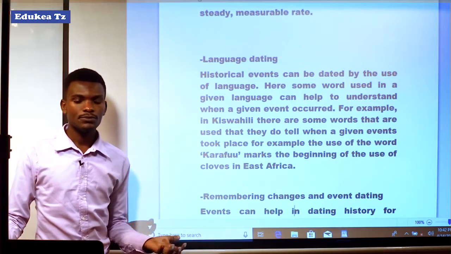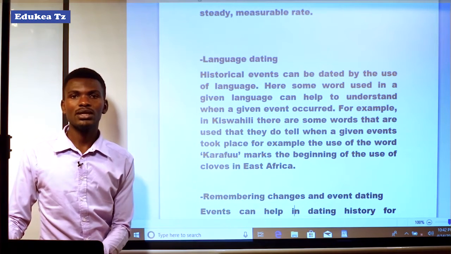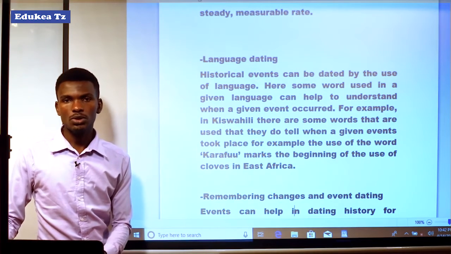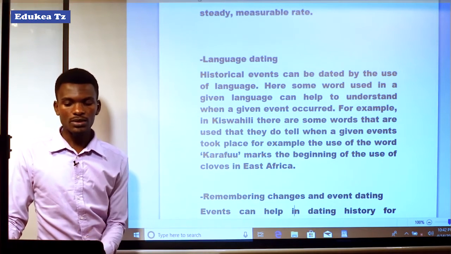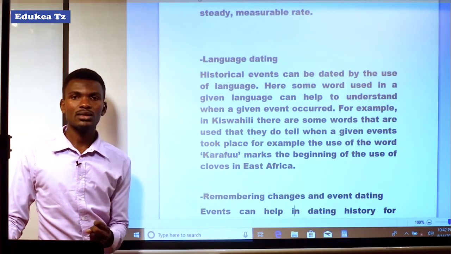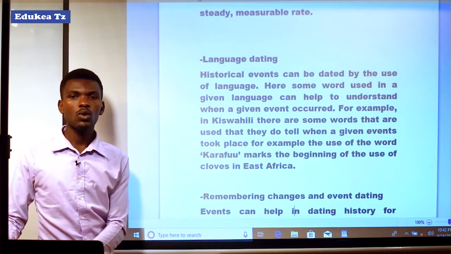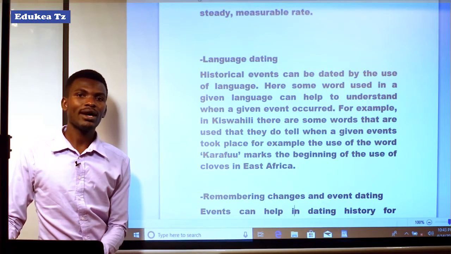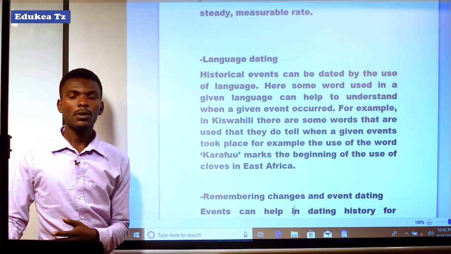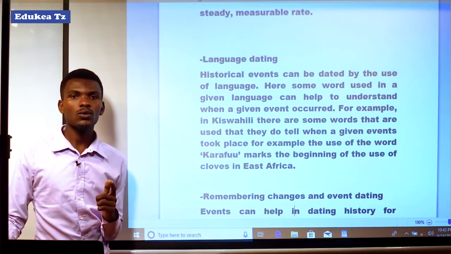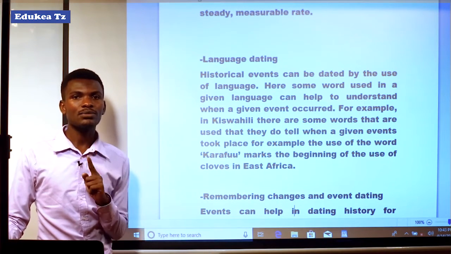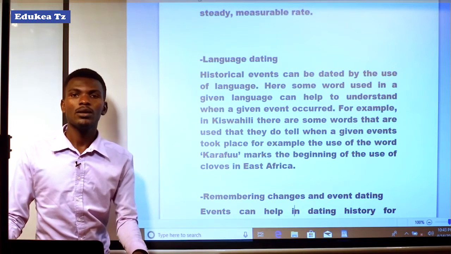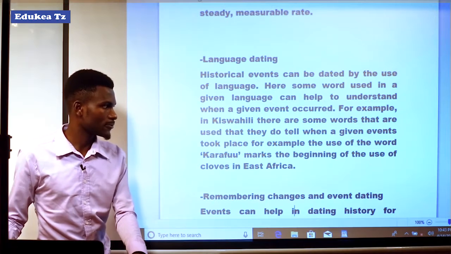After establishing a settlement at Zanzibar, he introduced clove plantations. That's why the word karafuu, or cloves, started. So once someone utters the word karafuu, you will know that it started when the Arabs reached Zanzibar and established plantations of cloves.